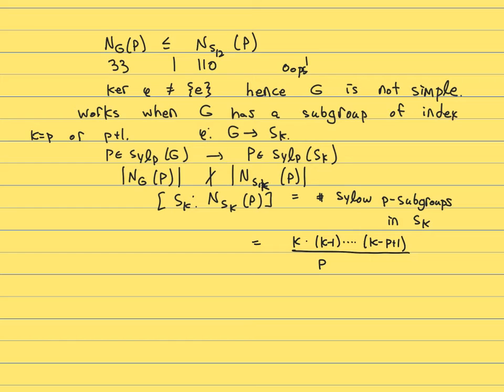This gives you the number of P cycles in S_K. And then if you divide by P minus 1, that accounts for the fact that any Sylow P group has P minus 1 P cycles in it. And so the result is you get something over here that you can calculate, and if you're lucky, divisibility fails, and then you finally get your contradiction.